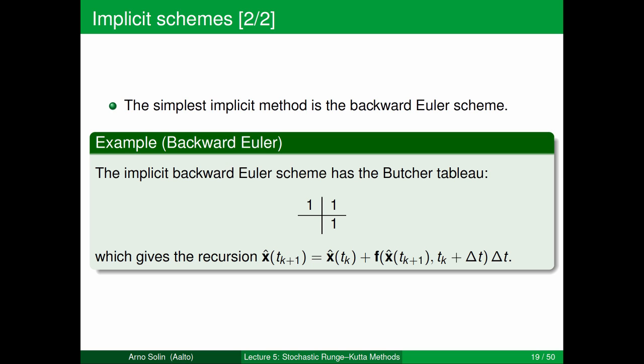This makes the solution not a simple evaluation, but you need to solve the equation separately for every step now. And that, of course, causes more computational demand for calculation the solution.